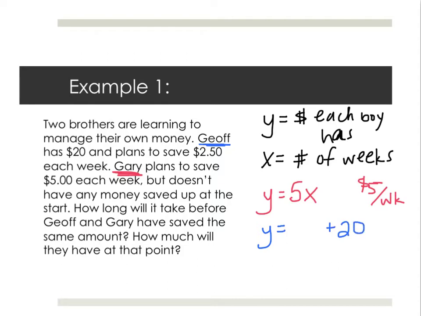And what's the rate of change for Jeff? Well, Jeff is going to save $2.50 each week, so 2.5x. And so here we have a system of equations with the same variables, different slopes, so we know this is going to have a solution. So in order to figure this out, we're going to graph both of these lines on the same coordinate plane.